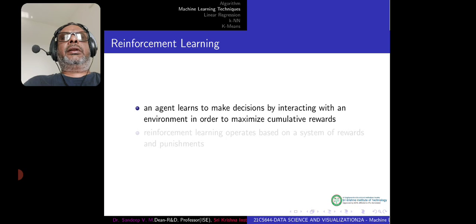And the third category is reinforcement learning. Here an agent learns to make decisions by interacting with an environment in order to maximize cumulative rewards. In this case, there is nothing like input.